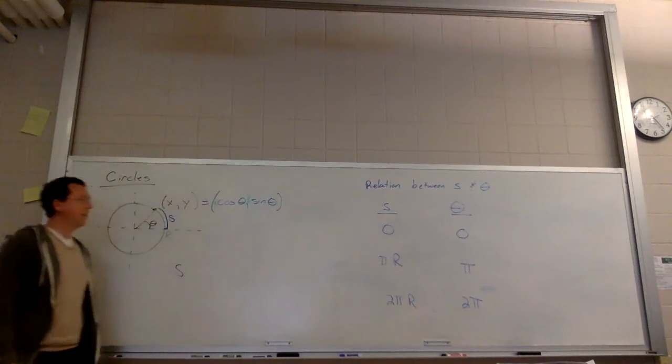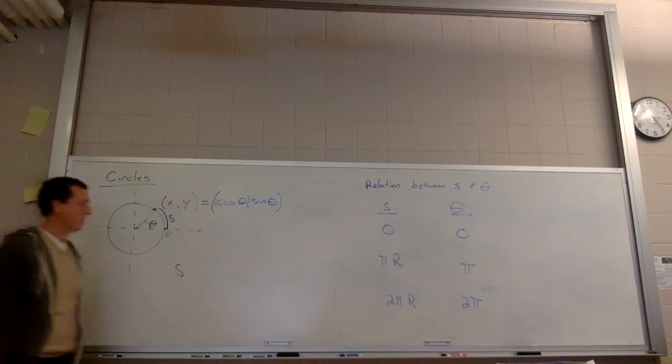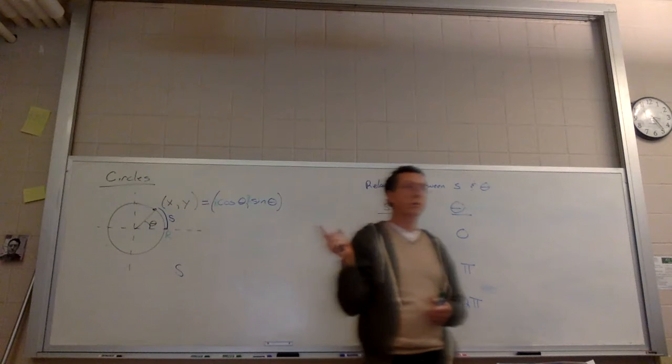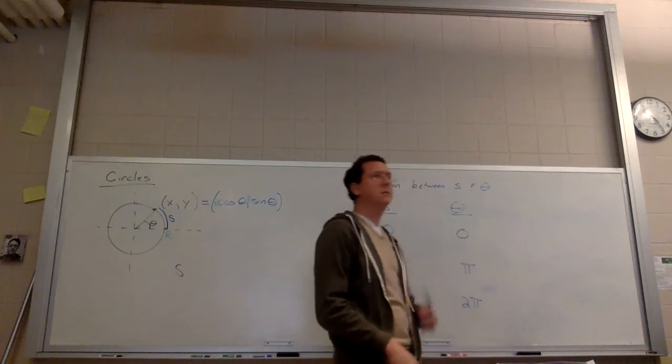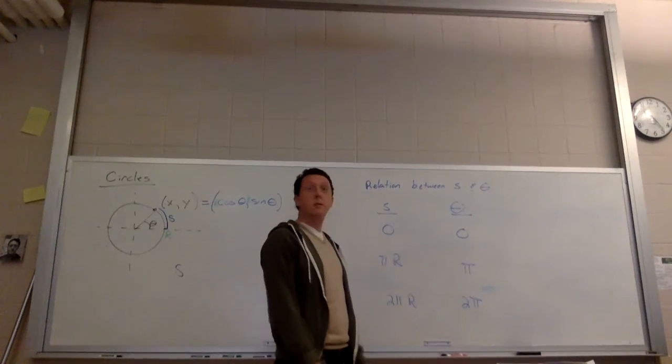Okay. I think we're in a position to make a guess. Can we guess the general formula relating the angle and arc length? What is the general formula?